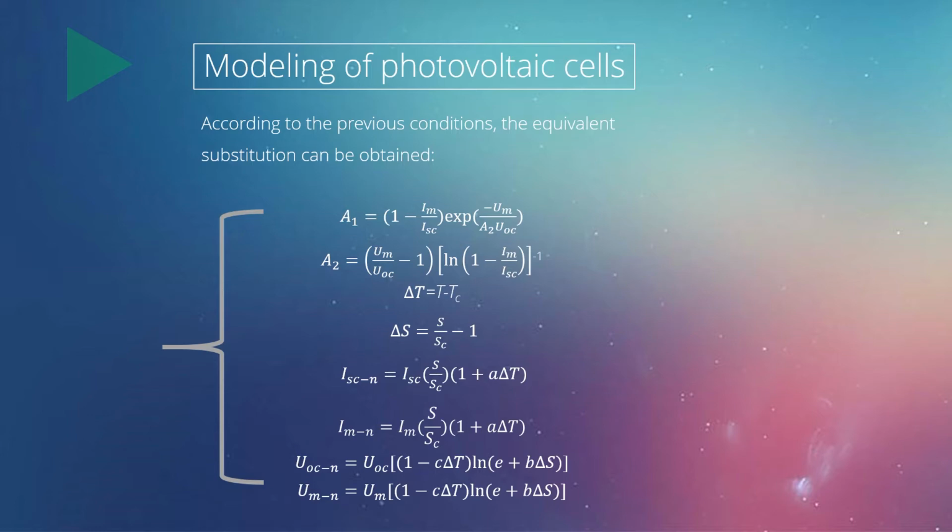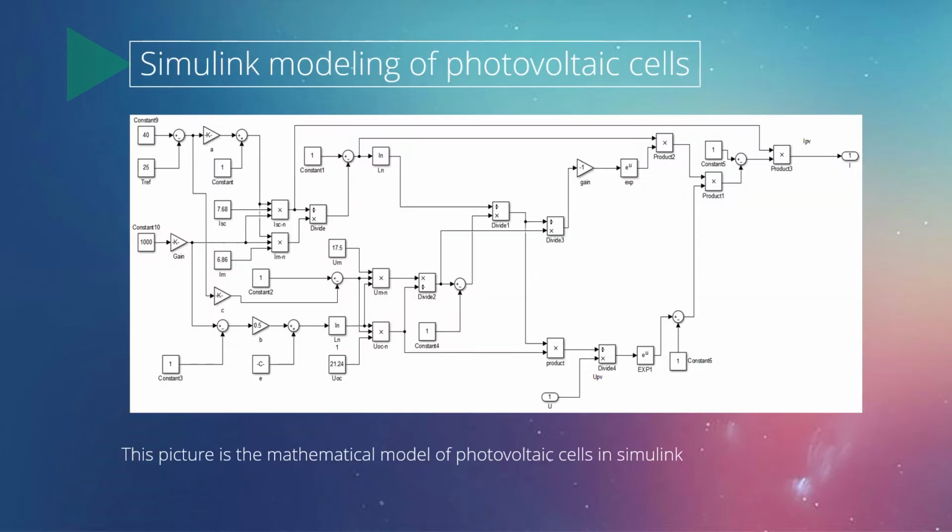According to the previous conditions, the equivalent substitution can be obtained. The picture is the mathematical model of photovoltaic cells in Simulink.